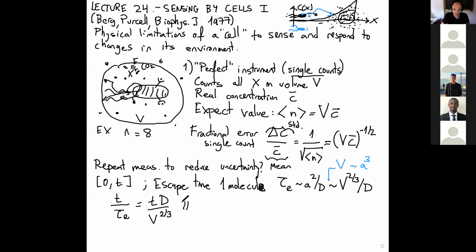This is the number of independent measurements in time T. So this means that I can reduce my relative uncertainty, because now the number of measurements that I will make with this scheme, repeating measurements, will be larger. I can do more. So instead of n, I will have n times this. So the number is increasing.